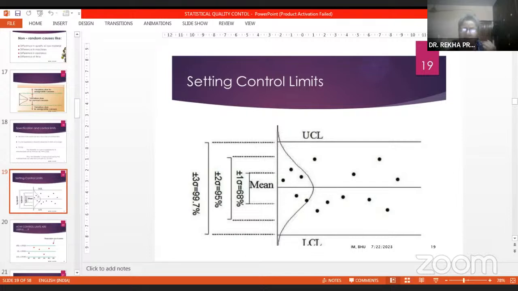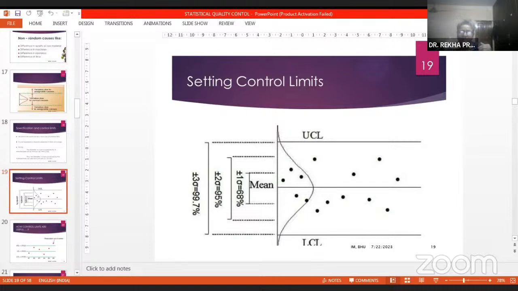Suppose you have a population of 100 adults. If you study the distribution of height, there will be an average height, and you can also calculate its standard deviation. So 68 people will have height of the mean plus minus 1 sigma.